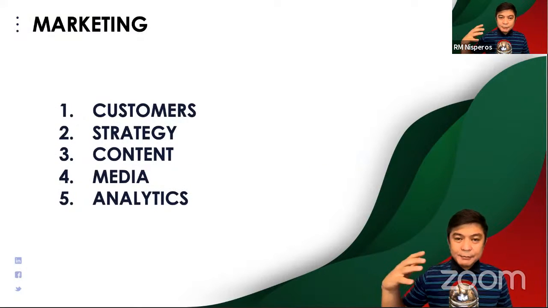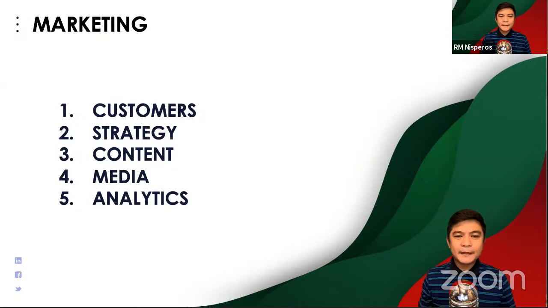Okay. So in marketing, let's stop with the definition. Let's go with the elements crucial in marketing. In my opinion, you need to be mindful of these five factors to have a good marketing plan. Now, you can opt for a traditional marketing style or a digital marketing, but it always goes down to these five factors.